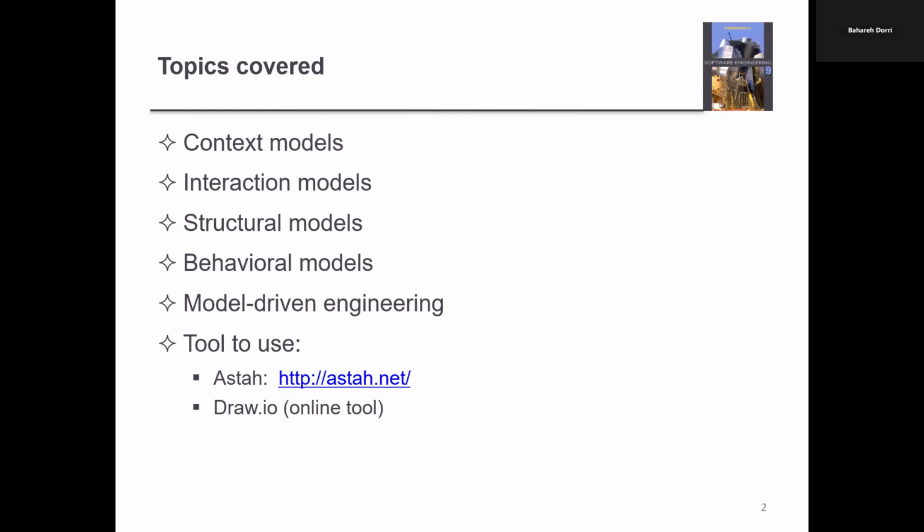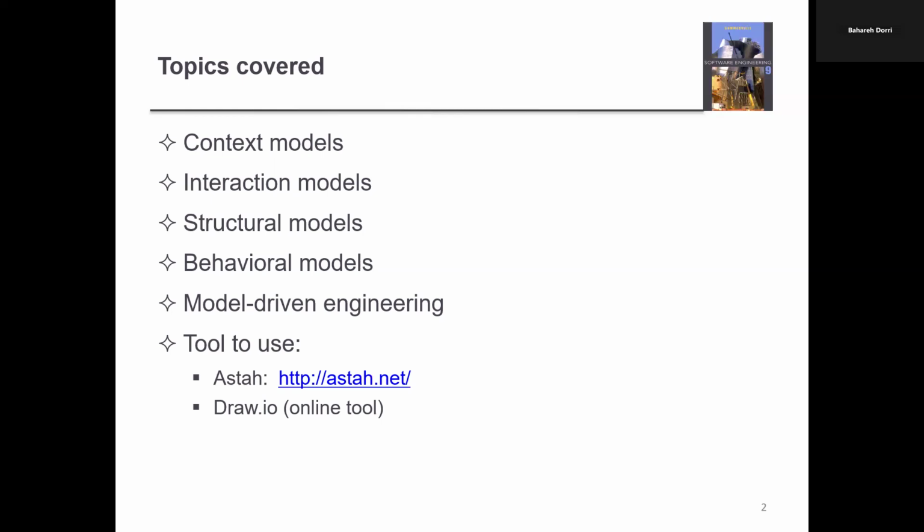And after those, we will look through the behavior models, which focus on what the system does over time, and model-driven engineering. This is more advanced. It is an approach where models aren't just documentation, they actually drive the development process. In other words, we generate code or system artifacts directly from the models.